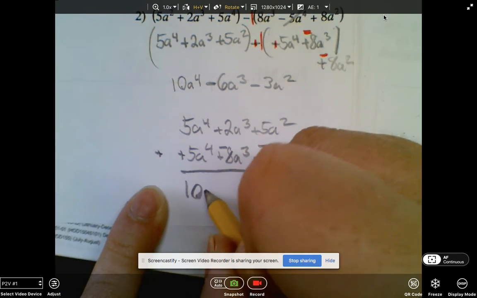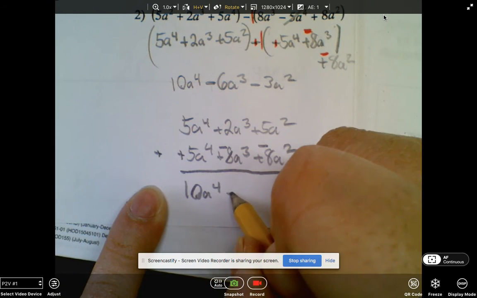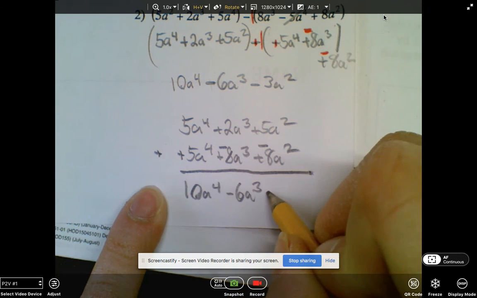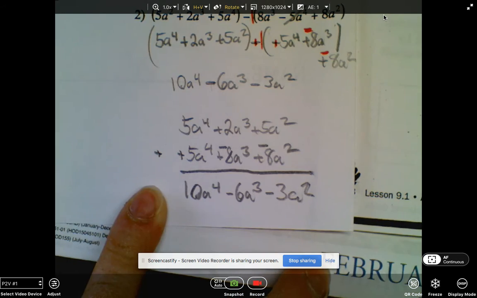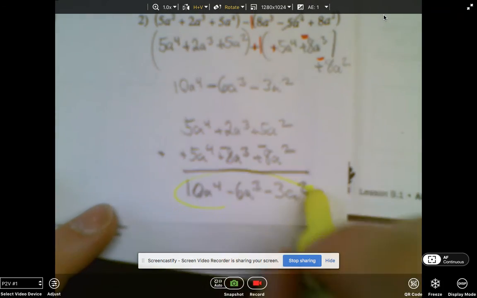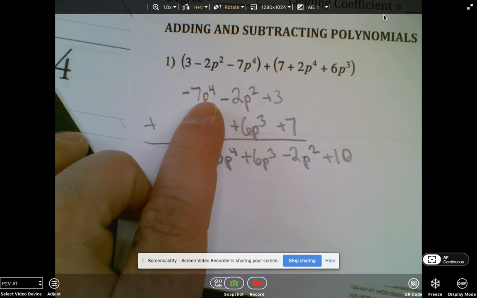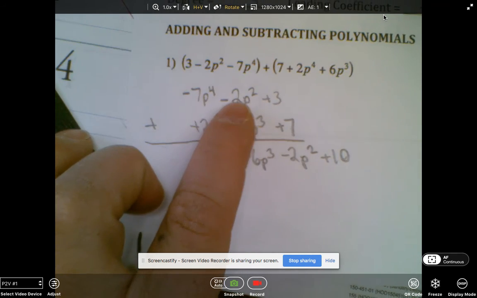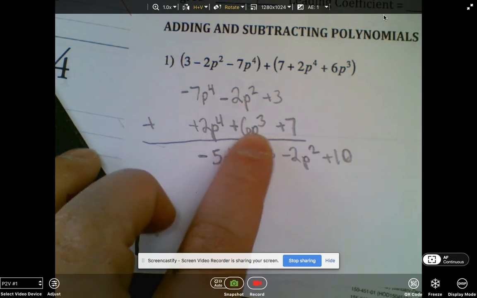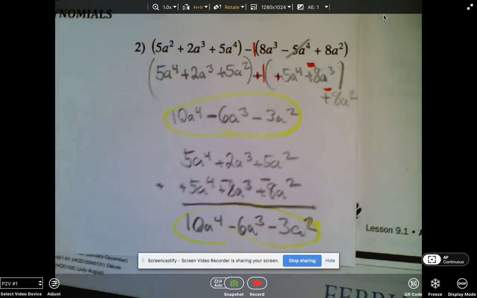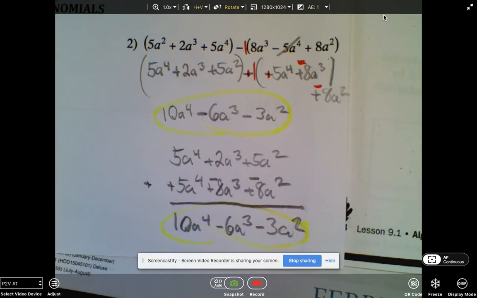You get 10a4, negative 6a3, and negative 3a2. Again, both the same. We'll work on different methods in the guided notes, and we'll try not to make that mistake. We should have left a space between degrees 4, and then left a space open for degree 3, so that way that could have fit nicely underneath. So there's a lot, as you can see, of organizing and keeping things in the right order. So again, I hope this helps.